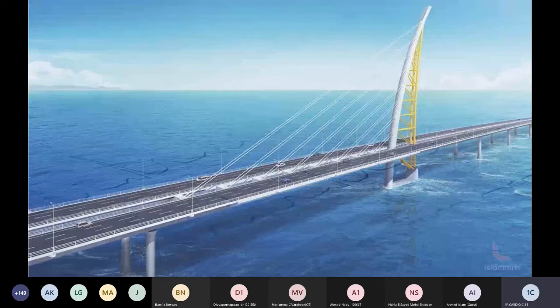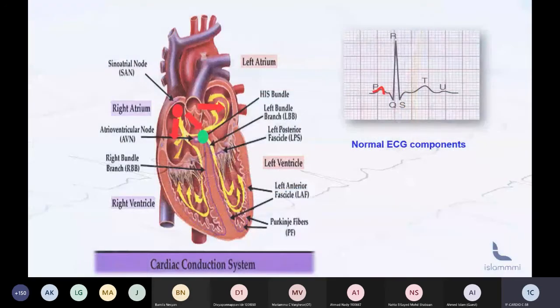So it has a certain speed that allows the impulse to go from the atrium to the ventricle. Any abnormality will be reflected in this segment, called the PR segment. The delay that comes through the AV node is represented in the ECG by the PR segment. We will see how later on.